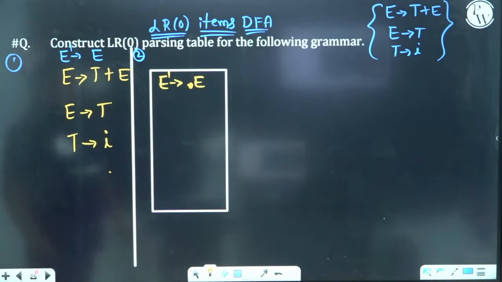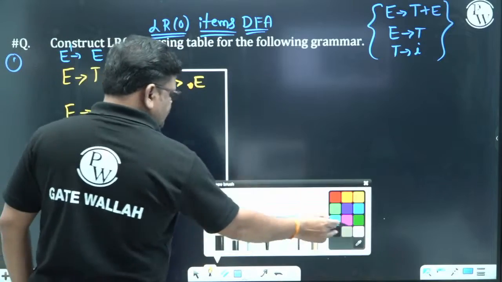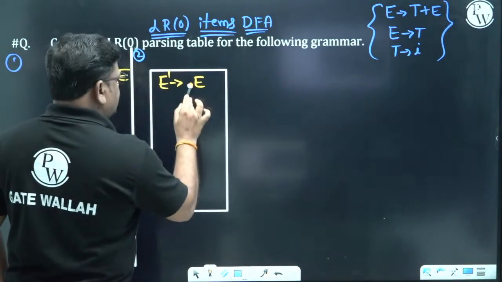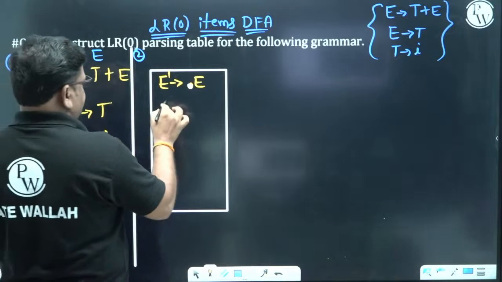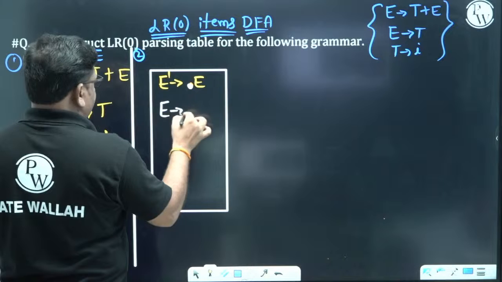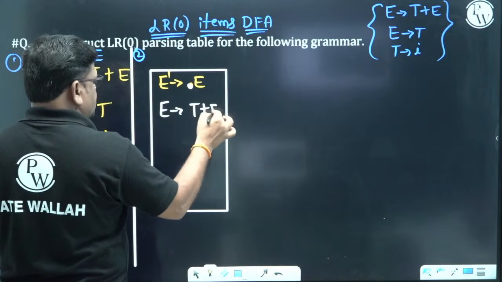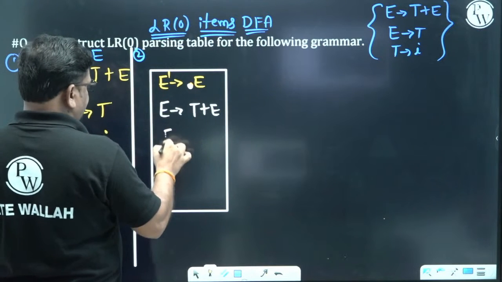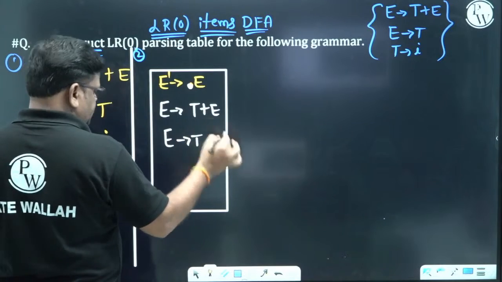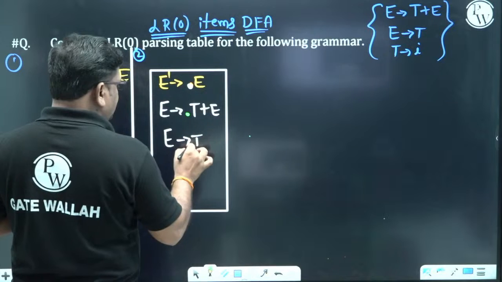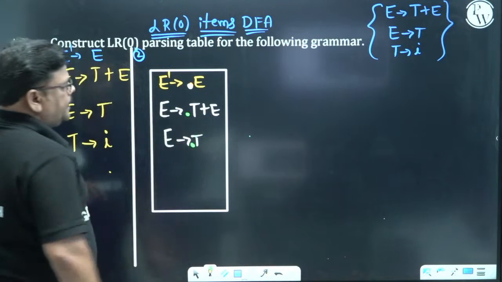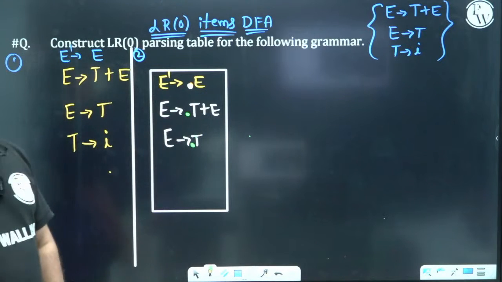So whenever we have dot before E, first closure will add the E productions. All the E productions; E has 2 productions here. Then it converts them into LR0 items by placing the dot.